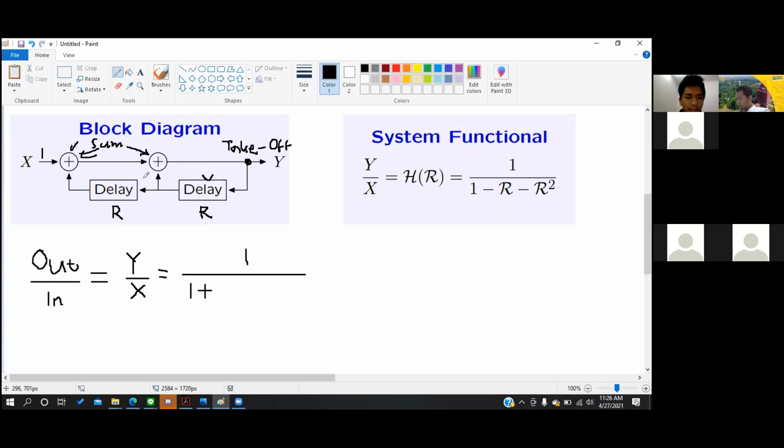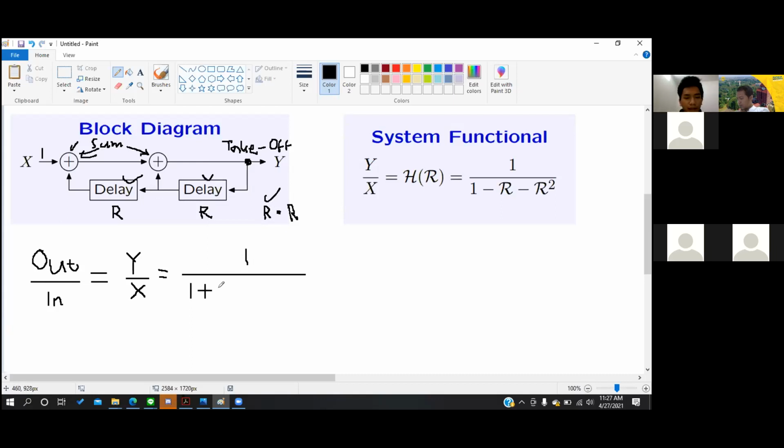So this delay is being delayed by this. As we know, the function is like r. Sorry, it's not r. It's r times r, because this is a delay being delayed by another delay.